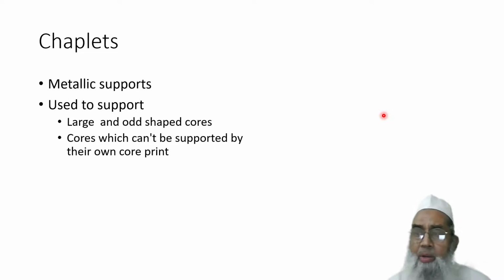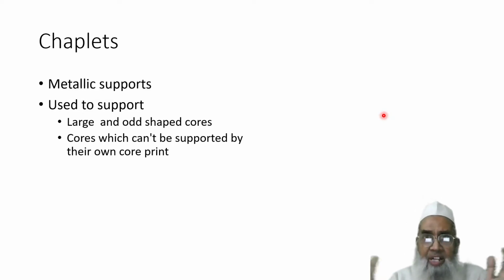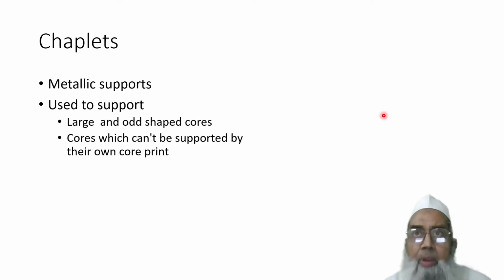Very good if it can be supported by using the core print and the core seat. Core seat is the location obtained by using this core print, the space made by the core print in the cavity. This extended core print makes some space in the cavity, that is known as the core seat.